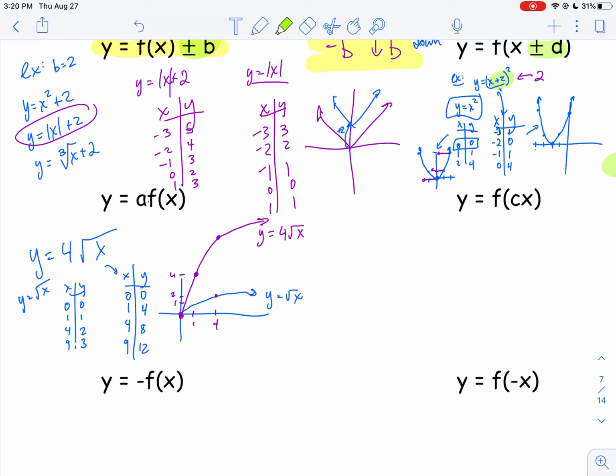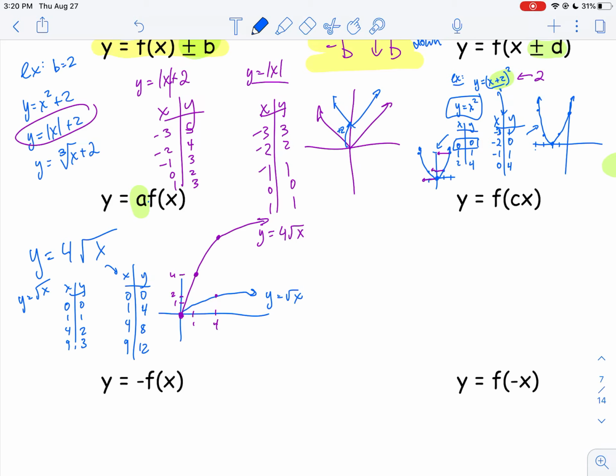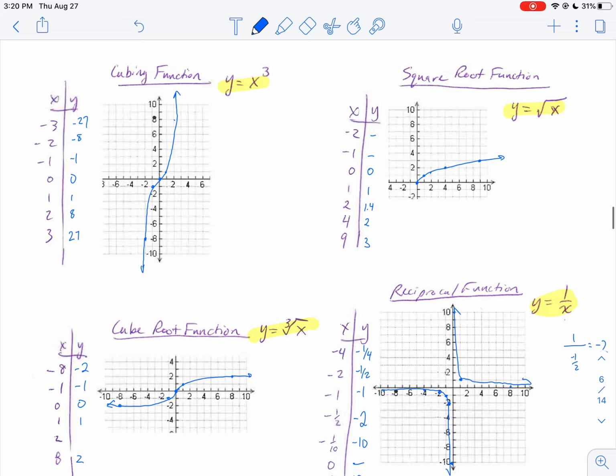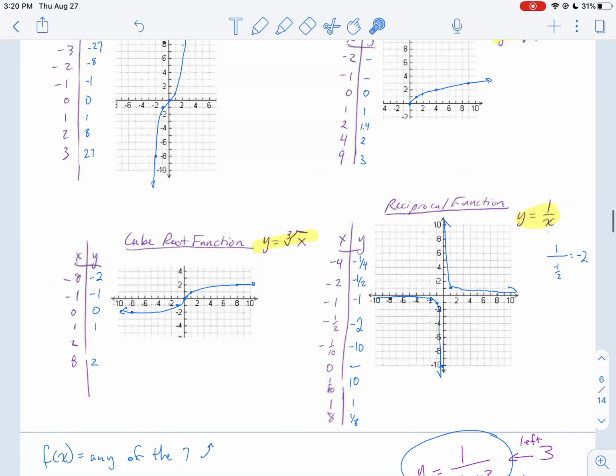And so here, when a is a number greater than 1, we're going to have a vertical stretch to our graph. So it'll be these basic functions only stretched out, up and down.